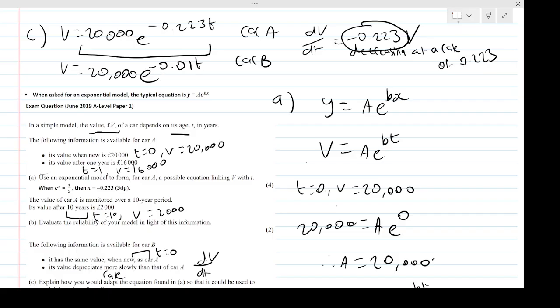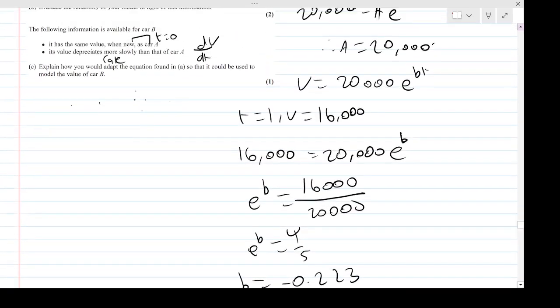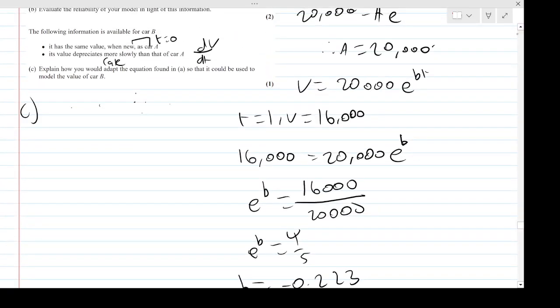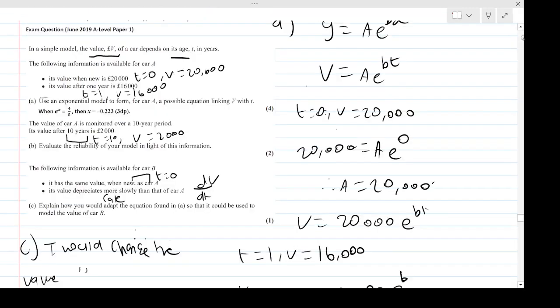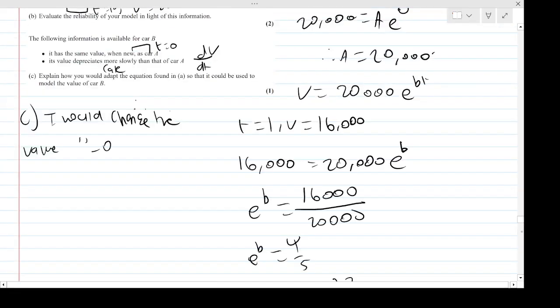So my answer to that question, down here: how would I adapt the equation? I would change the value of the exponent, minus 0.223, to be closer to 0.